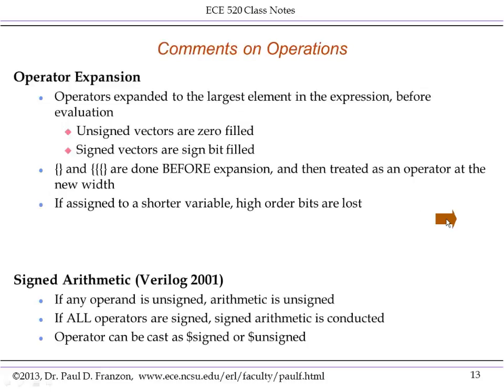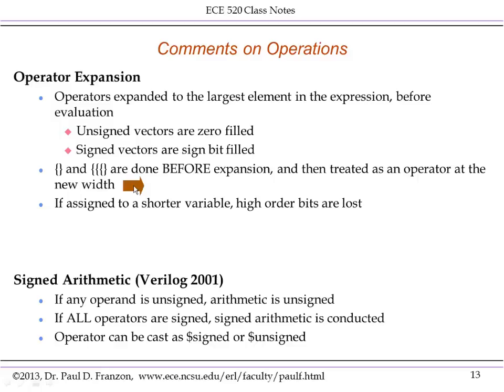I often get the question, what happens when you've got different lengths of vectors in the operation, or you're assigning a longer vector to a shorter vector? Well, these are the rules within Verilog, which I'll also illustrate with a small example. What you do is you first find the longest vector on the right-hand side, and if this occurs as the result of concatenation or replication, then that's fine.